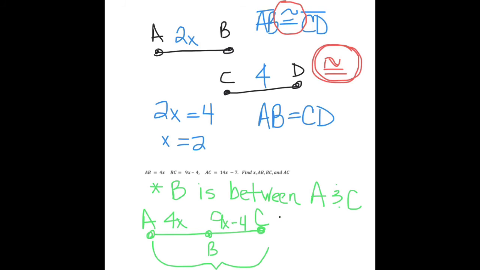Well, that means that 4x plus 9x minus 4 must equal 14x minus 7. Let's combine some like terms. 4x and 9x is 13x. 13x minus 4 equals 14x minus 7.